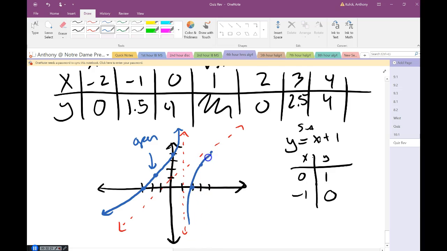So this one's going to do like one of that. So open. That's what I mean by open. Yep.